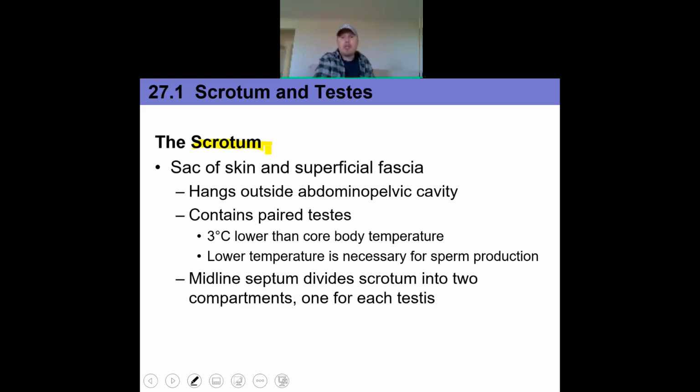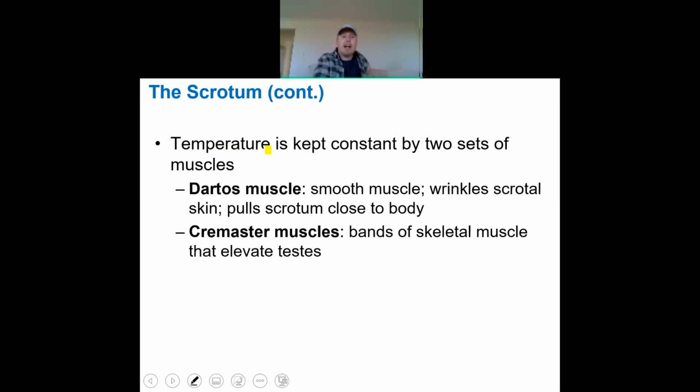And this process of the scrotum climbing up is thanks to a muscle known as the dartos muscle. This is a smooth muscle that pulls the scrotum closer to the body when necessary. Of course, if it's a super warm day, our body heat is high, the scrotum then decreases.